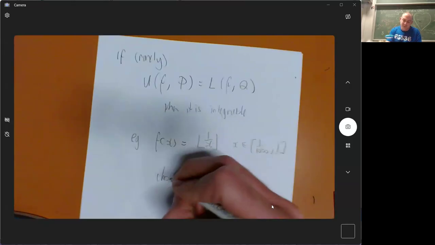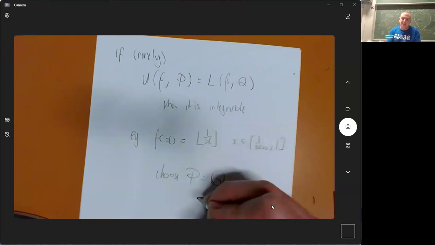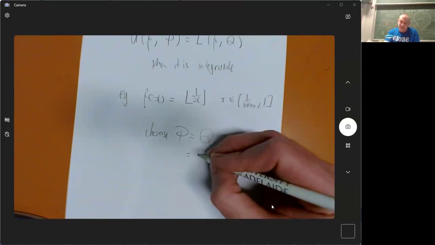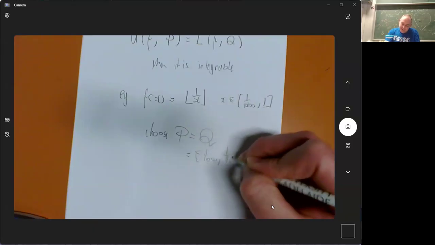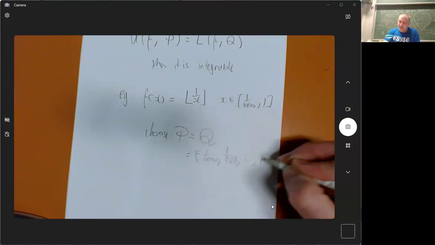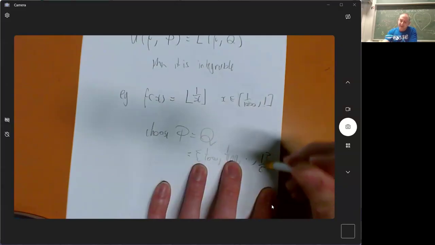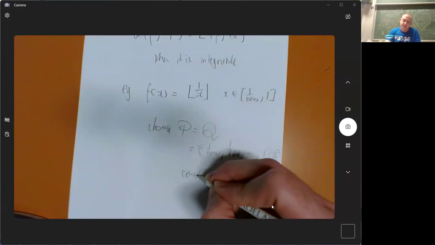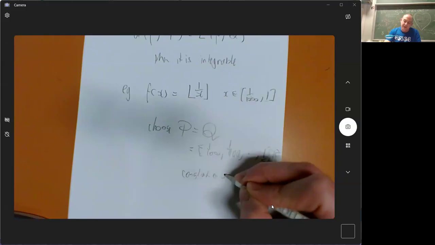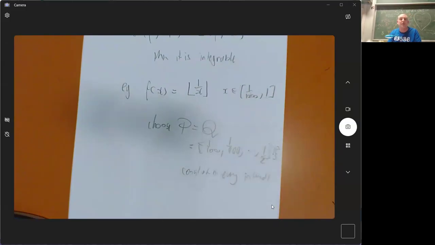So choose P to be equal to Q, which is the intervals 1 on 1,000, 1 on 999, versus 1. And then it's constant on every interval, and so therefore the upper sum and the lower sum will be equal.